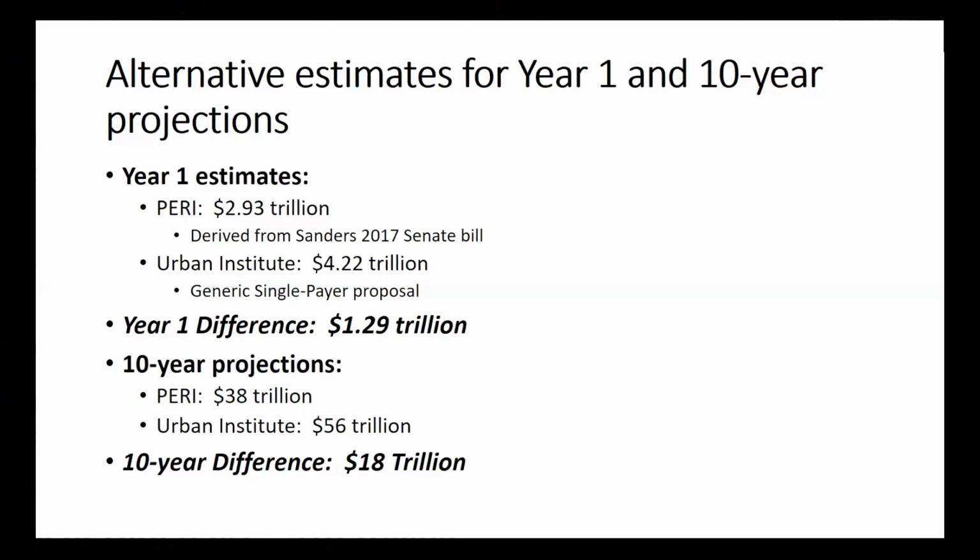Now we're saying a trillion here, a trillion there. Okay, so we've got a difference of $1.29 trillion in year one. Over a 10-year projection, Perry's estimate was $38 trillion, Urban's $56 trillion. That's an $18 trillion difference. A trillion here, a trillion there.